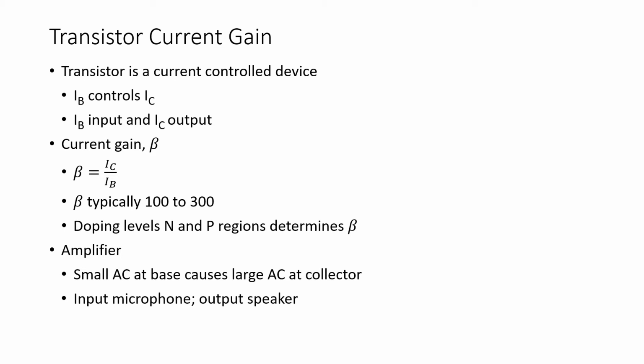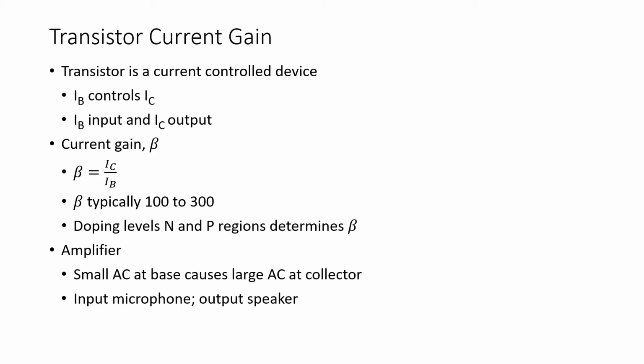Now, one of the most widely used applications for a transistor is to function as an amplifier. And what we do with an amplifier, we apply a small AC signal at the base, which causes a large AC signal at the collector.